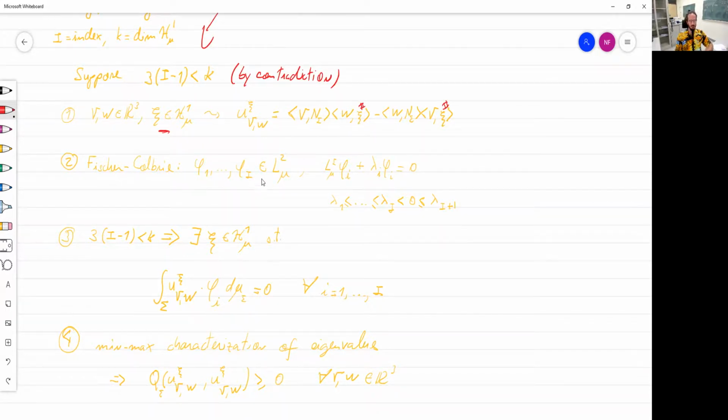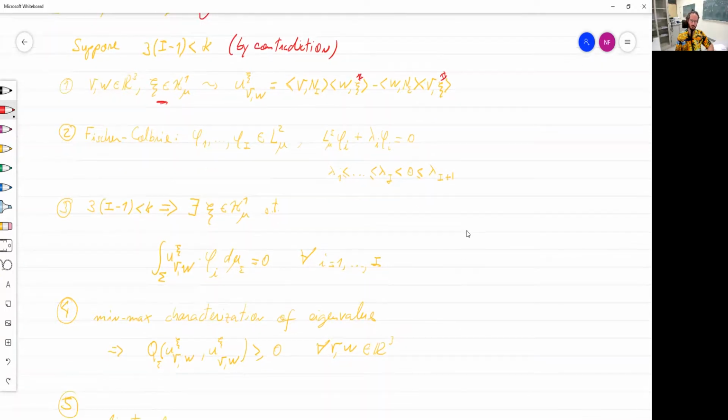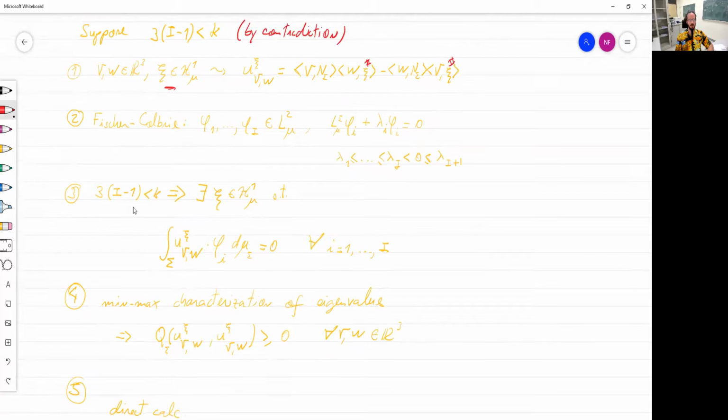And Fisher-Colbury says that there are eigenfunctions corresponding to negative eigenvalues, and then the next one is positive. So the idea is, because of the contradiction hypothesis, it's simply the fact that we can solve a system of equations.